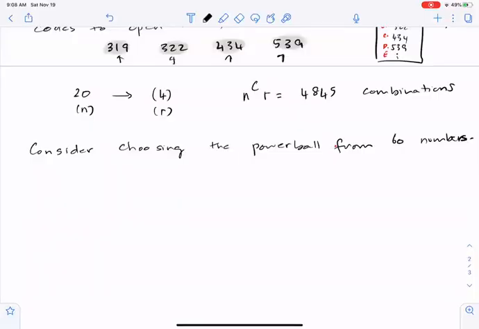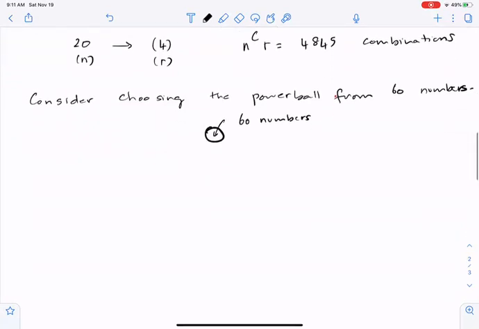So in how many ways can we choose the Powerball from 60 possible numbers? So if you have one Powerball and you've got to just pick one number, naturally, there has to be 60 possibilities. 60 numbers, one of which would become the Powerball.